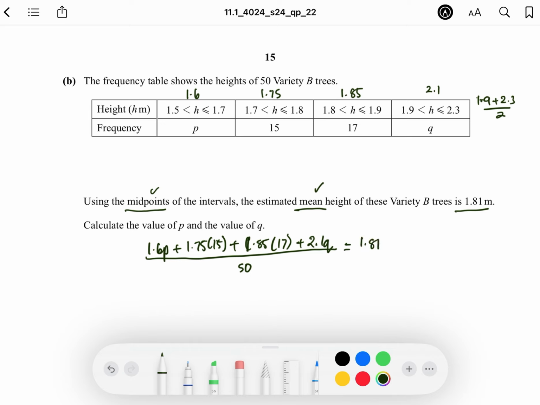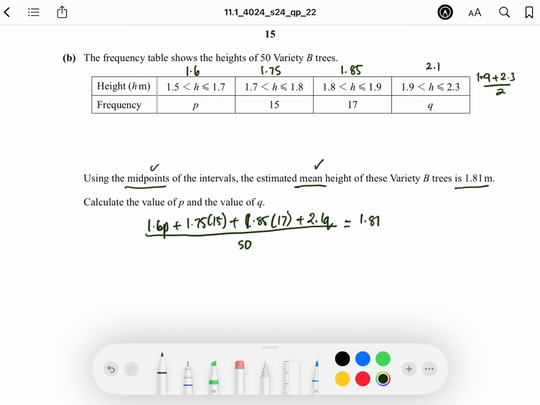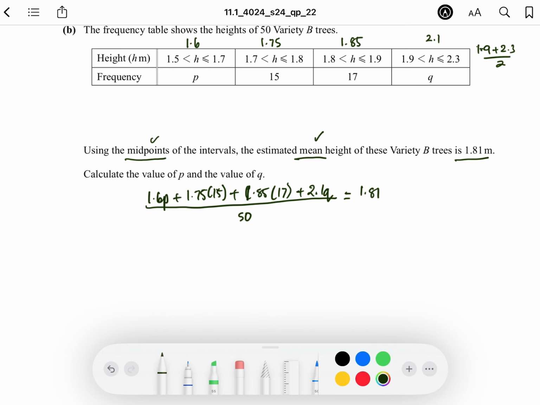So that is how you find the mean. Simplify everything, I would be getting 1.6p plus 2.1q equals 32.8.